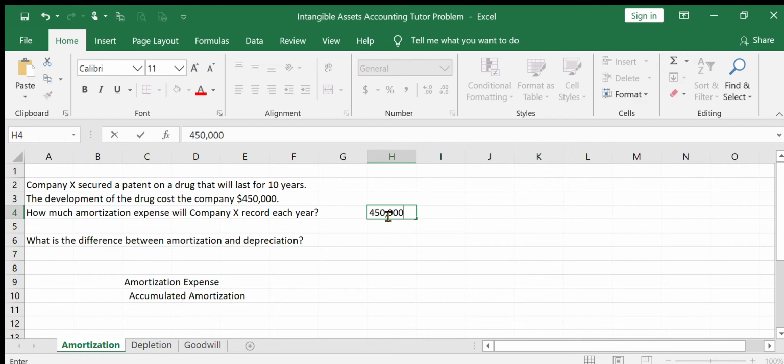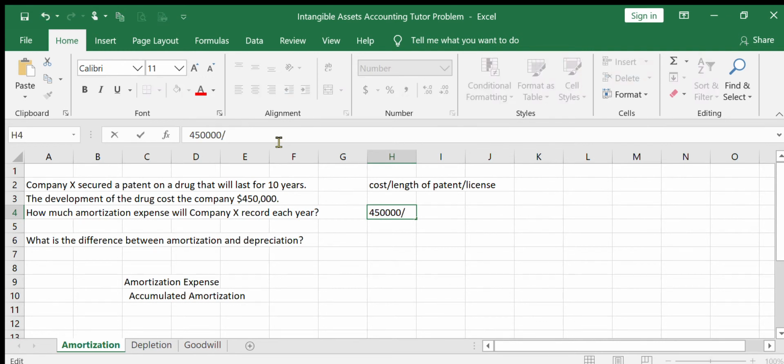Normally we would say, like in a depreciation problem, useful life. But with amortization, we'll just do cost divided by length of patent or license. This is used for intangible assets like a patent, and that's how we will determine how much expense we should do for each year.